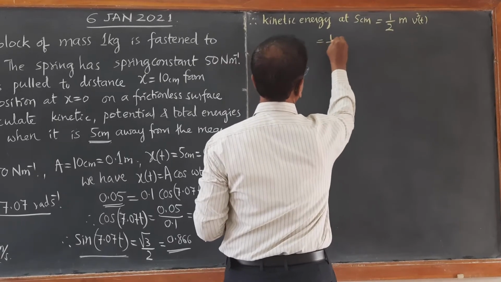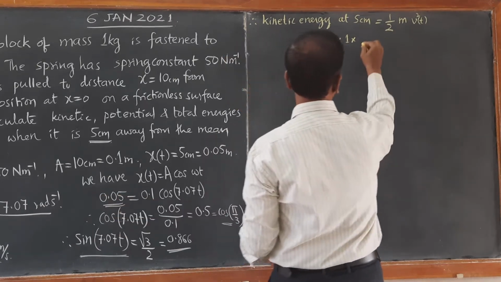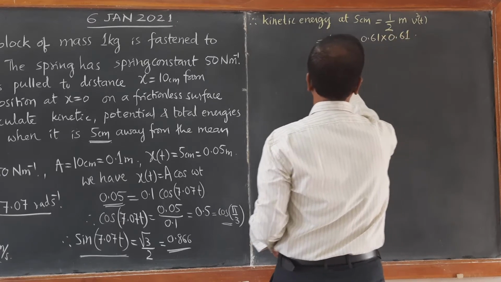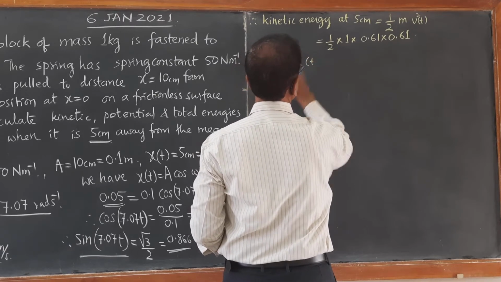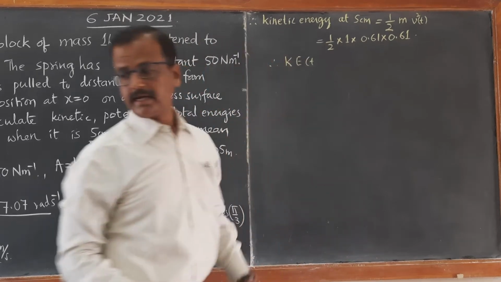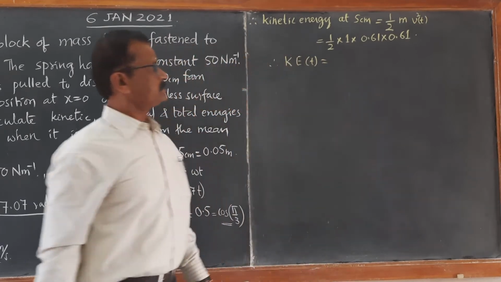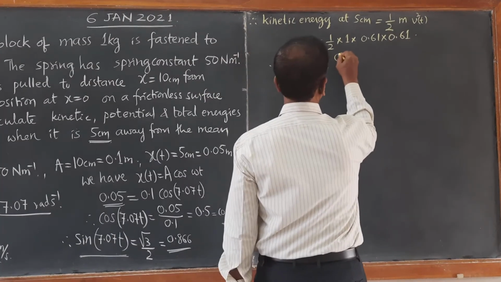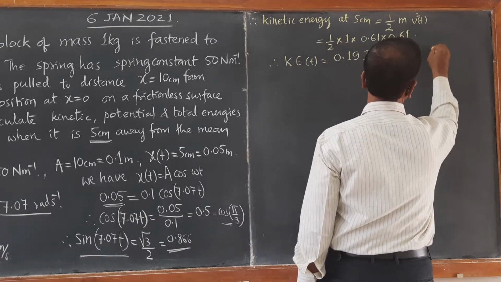So that becomes half into 1 kg into 0.61 into 0.61. If you calculate this, the kinetic energy at that time is 0.19 joule. You can call this equation number 1.